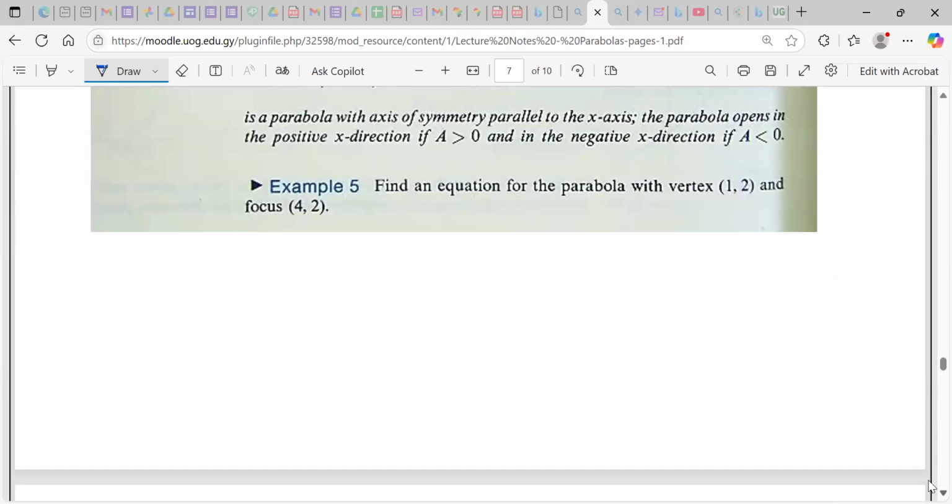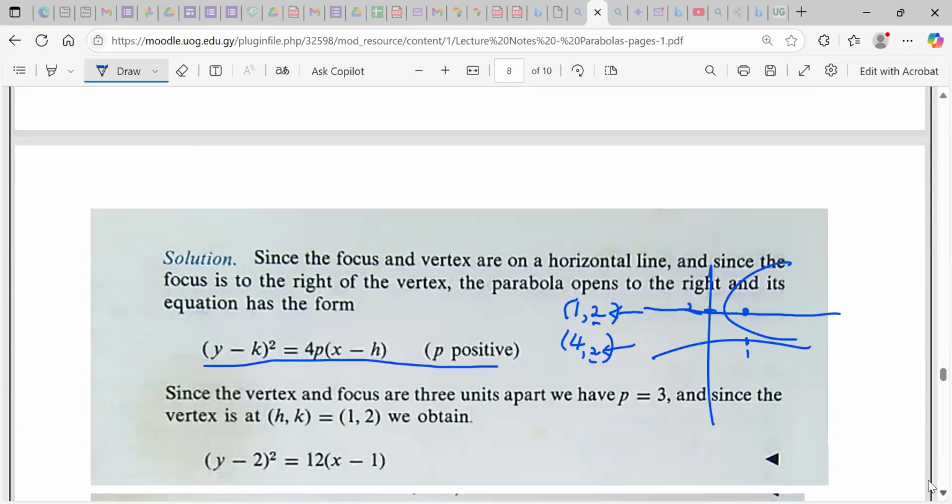Oh gosh, I got it wrong. So I guess the vertex is 1. I'm very confused with this. I'm using the mouse, and because my mouse is nearby.